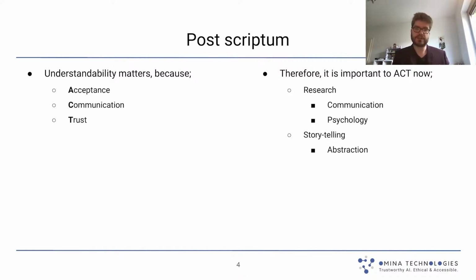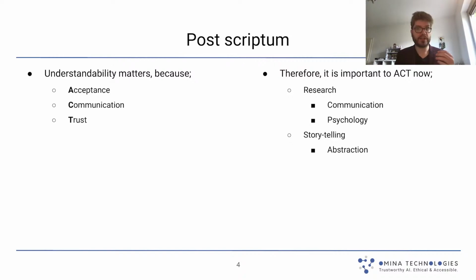And there's this concept that is missing, which is called understandability. And it is important because it will allow you to have your audience accept your prediction in a better way. It helps you communicate to the patient because you're going to be able to use the terms that the patient is familiar with. And by doing both of these things, you will build trust with the patient. And therefore, it is important that we act on this now.